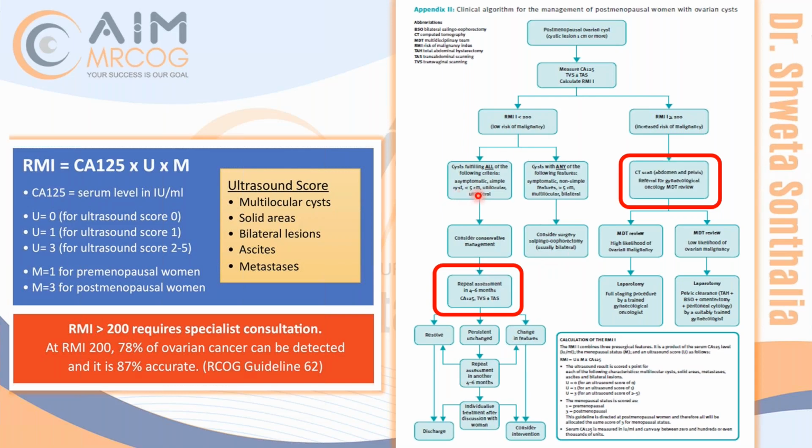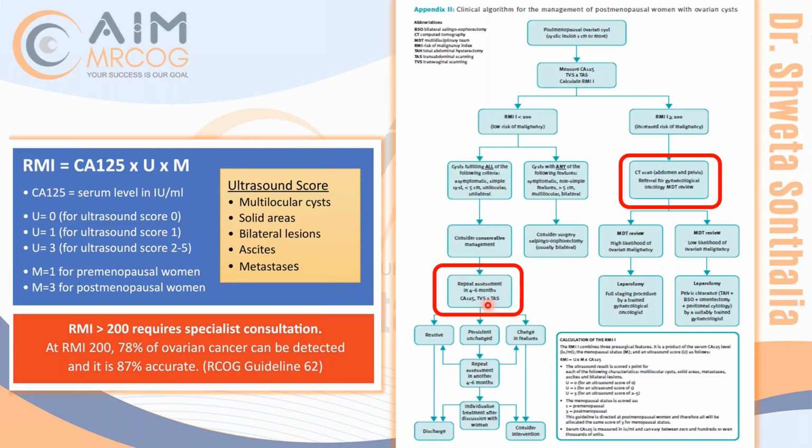Now, if these criteria are not met and it is an asymptomatic, simple cyst, less than 5 centimeter, unilocular, unilateral, then there is scope for conservative management. In that, you will do the repeat assessment in 4 to 6 months. In the repeat assessment, you will repeat the CA125 also. How do they ask you in the exam sometimes? They say you have done the TVS in your repeat assessment and it shows this.